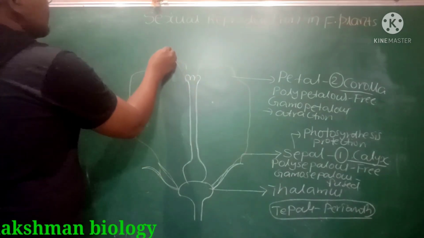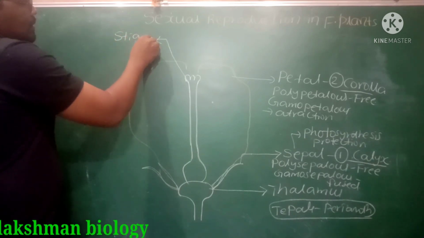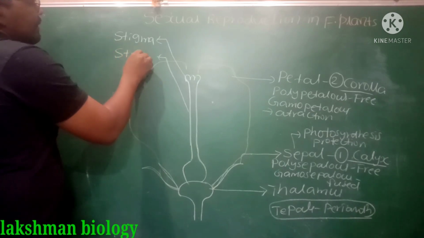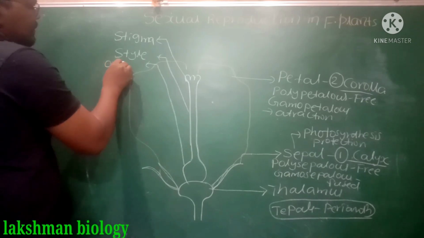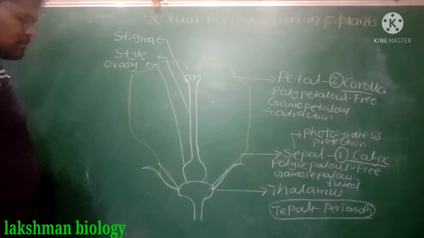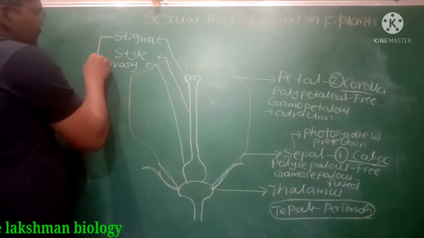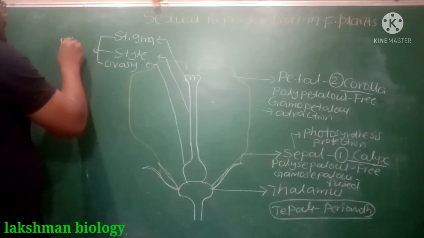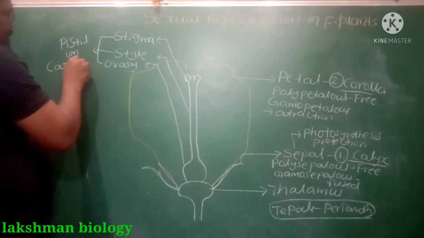This one is a stigma, this one is a style and this one is an ovary. Stigma, style, ovary combinedly form the pistil, or it is also called a carpel.